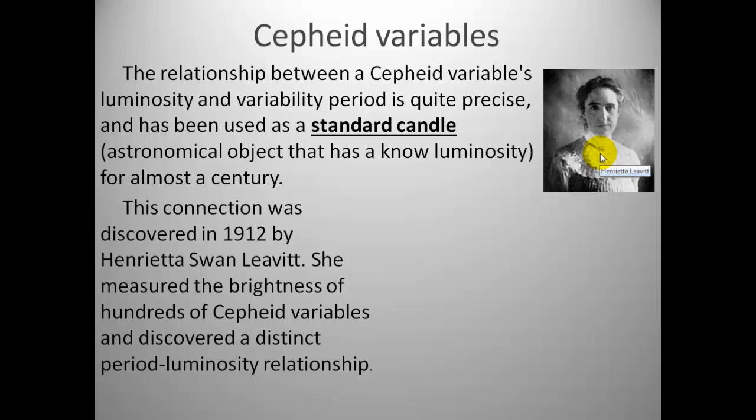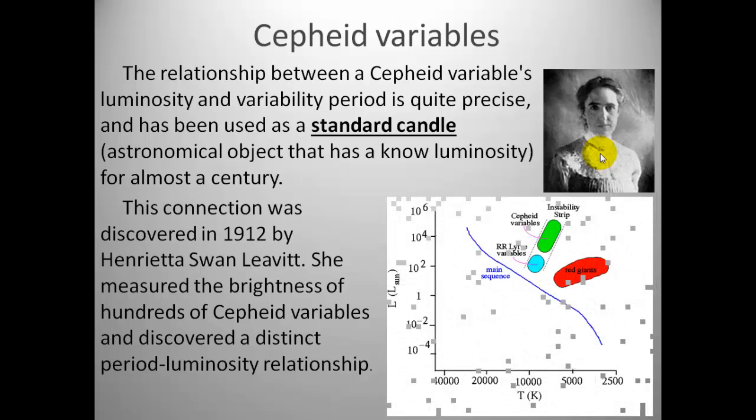It's a yellow star, which means it's got pretty much the same spectral appearance as the sun, but it's much brighter. So on the HR diagram, this is the sun, and the cepheid variables are much higher. They're not actually main sequence stars, but they're much brighter than main sequence stars.